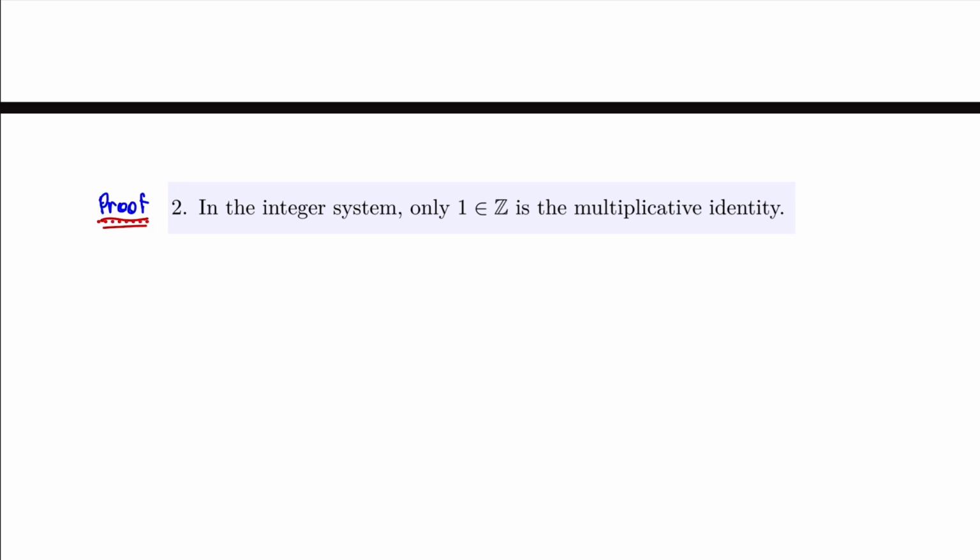So I will suppose that there exists an integer x. Okay, I will suppose that there exists a multiplicative identity.